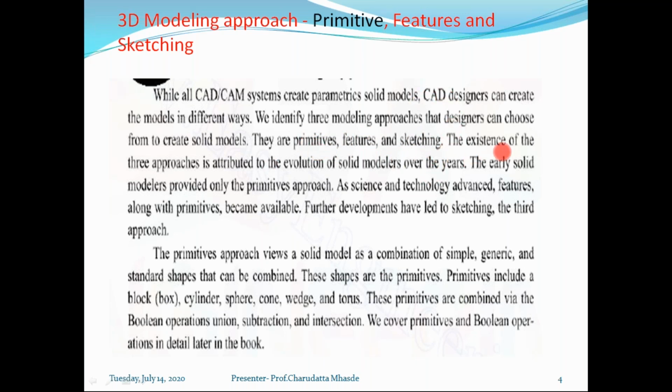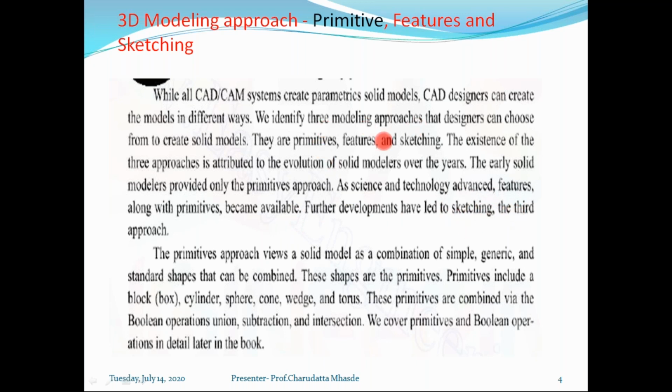The existence of the three approaches is attributed to the evolution of solid modeling over the years. The early solid modelers provided only the primitive approach. Primitive approach means the primary or basic approach. As science and technology advanced, features along with primitives became available, and further it led to sketching. This is the third approach.